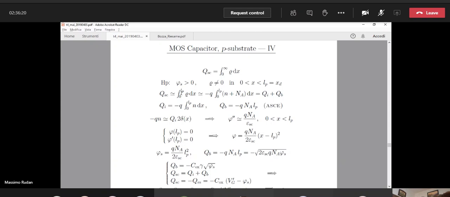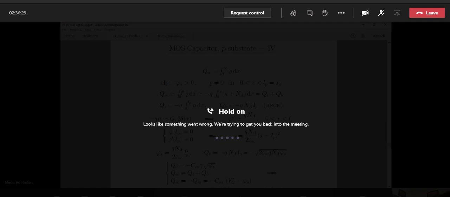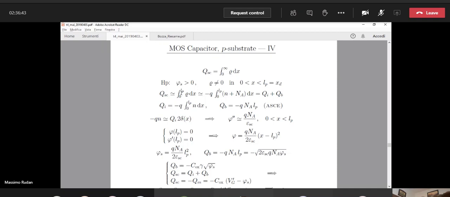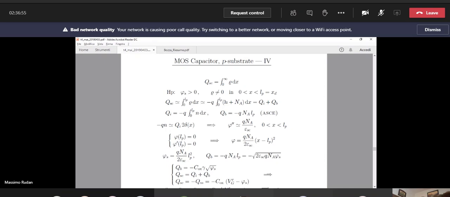Then we remember the electrons, if any, in the surface layer, and we call them minus Qn, and the negative ionized acceptors, whose concentration will be called minus QNA.